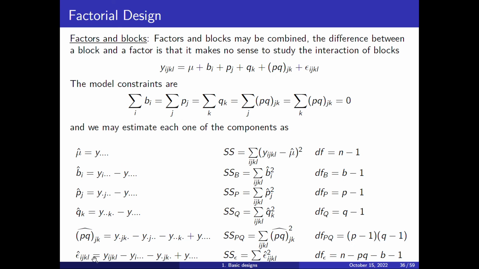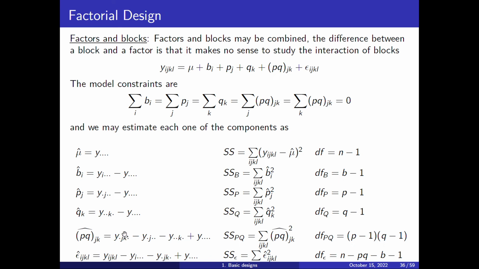Here we have how to estimate the different components, and you see that sometimes the interactions get a little bit more complicated, but the general idea is: what is the mean of that interaction?